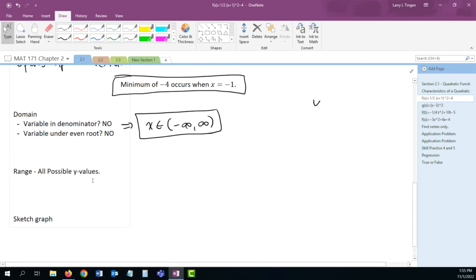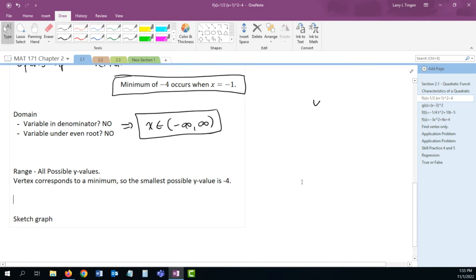All right, now, the vertex in this one corresponds to a minimum. So the smallest possible y value is -4. Okay.